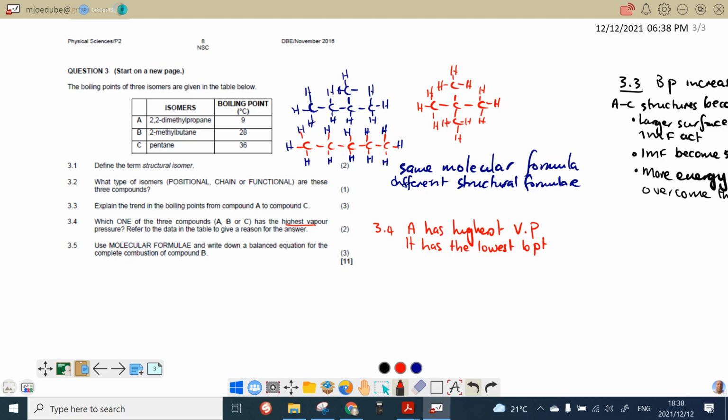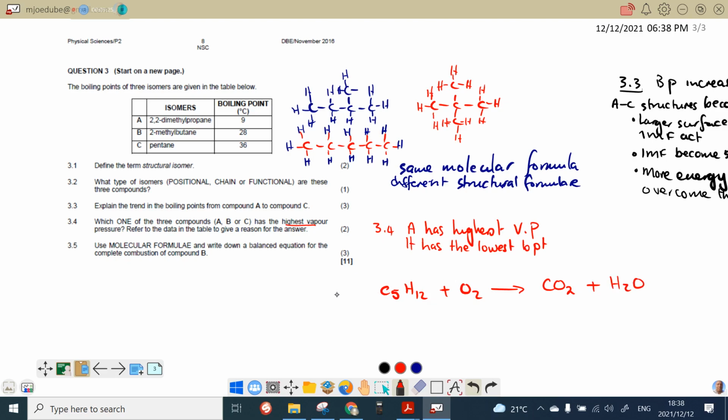And then the next question says, use molecular formulae and write down a balanced equation for the complete combustion of compound B. So compound B is 2-methylbutane. So the chemical formula of that is C5H12 plus O2. Remember, combustion is burning in oxygen, and therefore the products are carbon dioxide plus H2O.